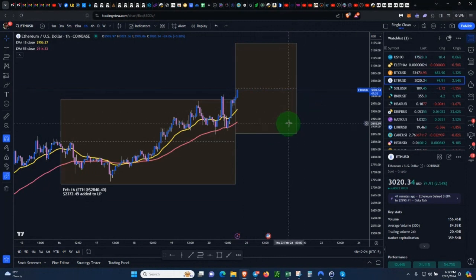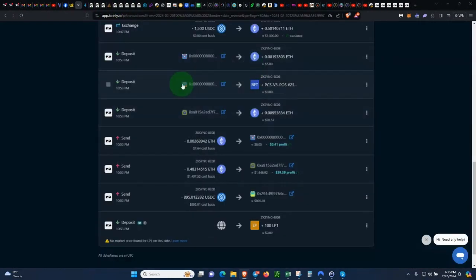I didn't think price would go as high as 31.75, but I don't need to shrink this down anymore because even as it was, I'm still holding some ETH in my wallet. I didn't utilize all the ETH that I bought. So I'm still holding some pure ETH in my wallet. And if price does go way up here, I'll be able to cash in on that extra little side bag of ETH. And this is the last transaction.